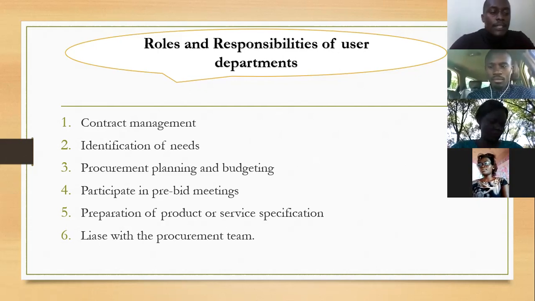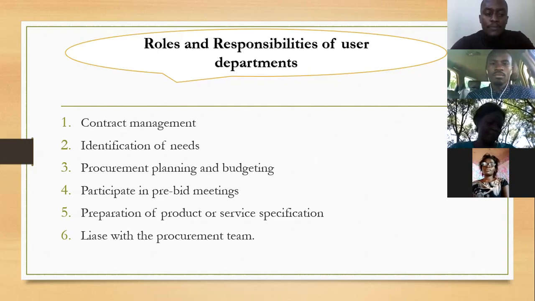Point number 3 is procurement, planning, and budgeting. This is basically a process of identifying and consolidating the requirements and determining the time frame of which the procurement will take.